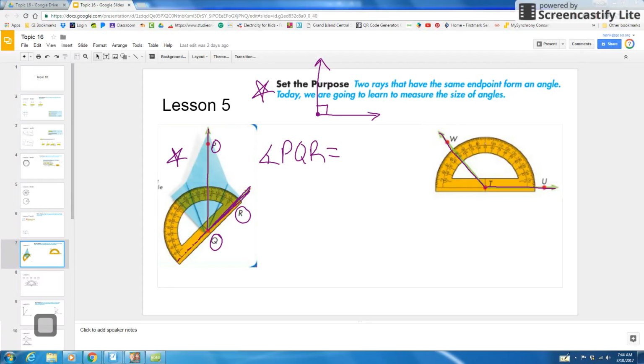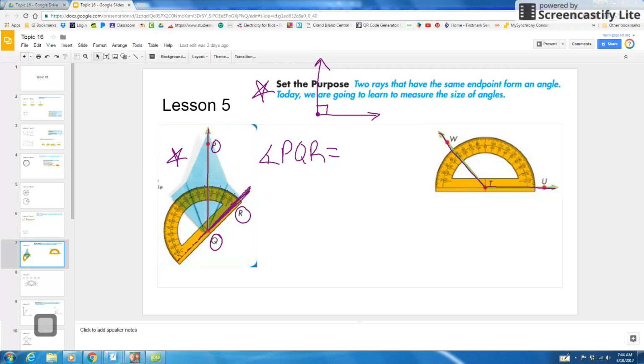Now you're going to notice that there are two sets of numbers. From this side, the numbers go 10, 20, 30, 40, 50, 60. They're getting bigger, but on the top, they're getting smaller. The nice thing about a protractor is no matter which direction an angle is facing, you can measure it. So if you have your angle facing this way, you always want to make sure you're starting at the 0 point and counting up.